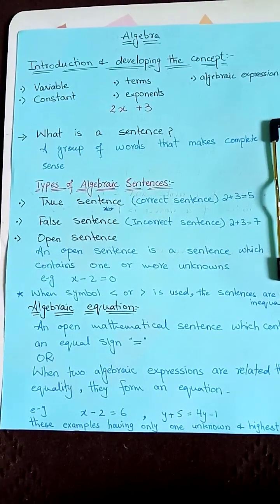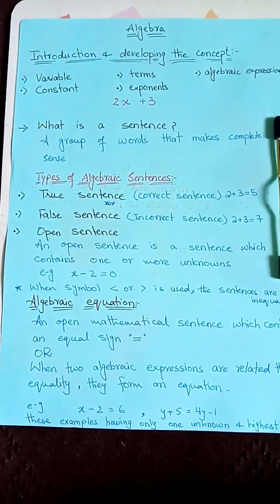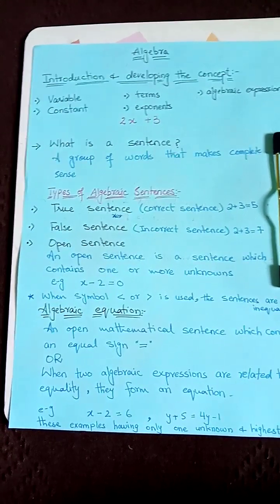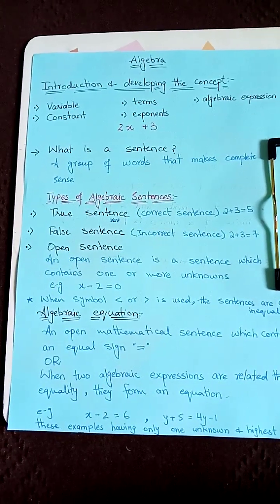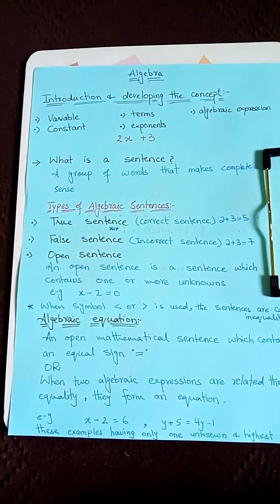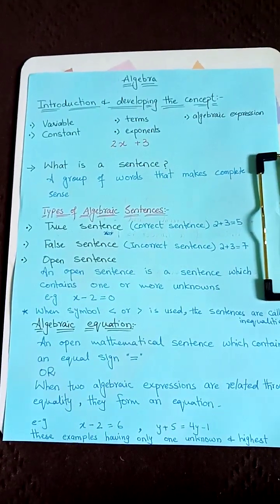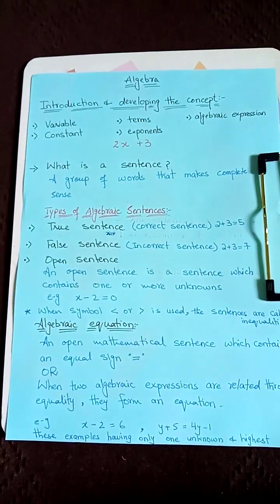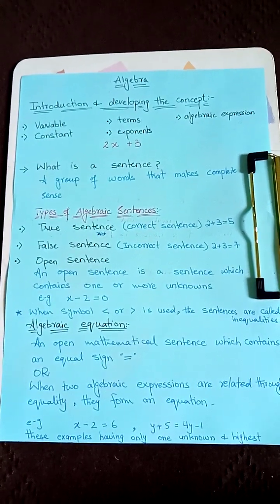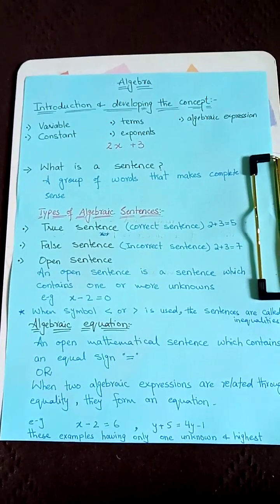Now the question arises: what is a sentence? A group of words that makes complete sense is a sentence basically. So for example, if I say the birds fly in the air, or Karachi is in Punjab, we can judge that yes, birds can fly in the air, but Karachi is not in Punjab, it's in Sindh.